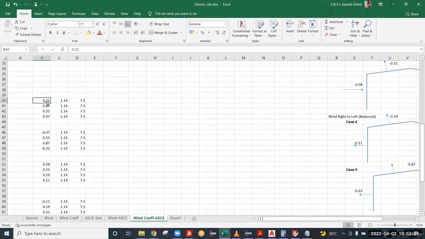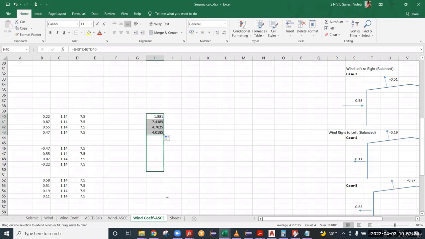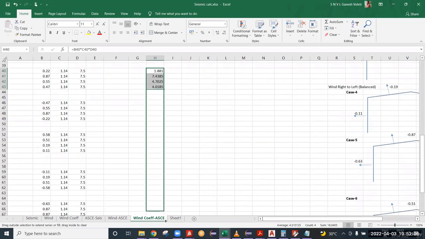That is why these components come into action. So the final value you have to apply, you will get by multiplying this thing into this thing into this thing, right? So you can drag up to the bottom. No problem.